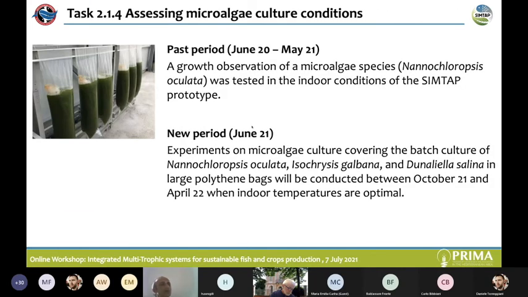Experiments on microalgae culture during the last year, a growth observation of Nannochloropsis oculata was tested in indoor conditions because of the high temperature during the end of spring and beginning of autumn in Antalya, about 40 degrees centigrade in indoor conditions.